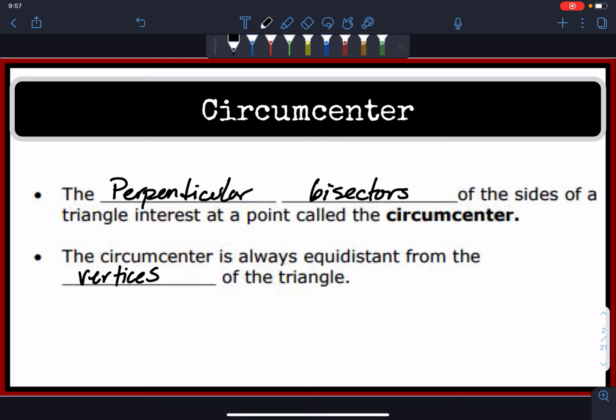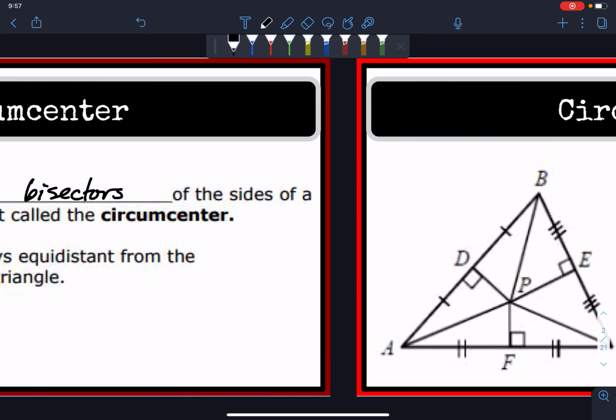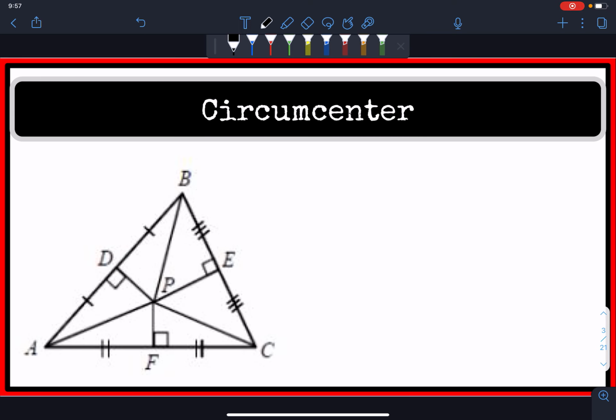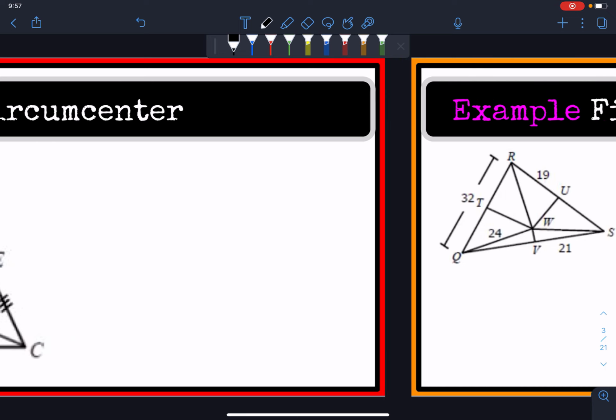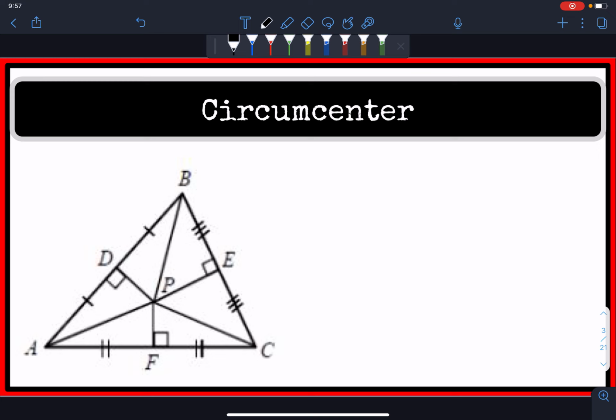So for example, let's look at a triangle as you see right here, and let's identify a couple of things about this. Let's start off first with the circumcenter. The circumcenter is going to be this letter P, and the way we find it is that we look at the sides of the triangle and find the perpendicular bisector.